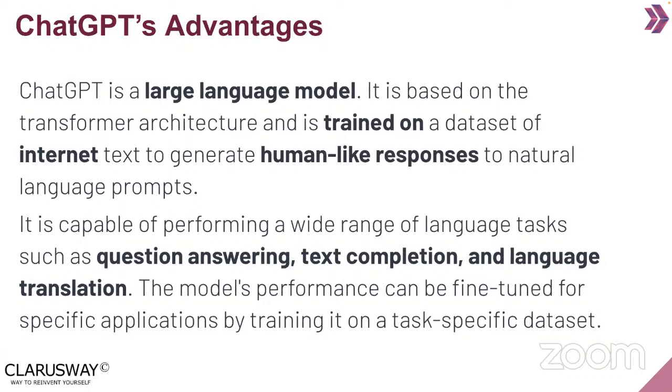Even a child who knows how to read is going to understand what's written there. It is very capable of performing a wide range of language tasks, and I think it supports nearly 180 different languages as well.